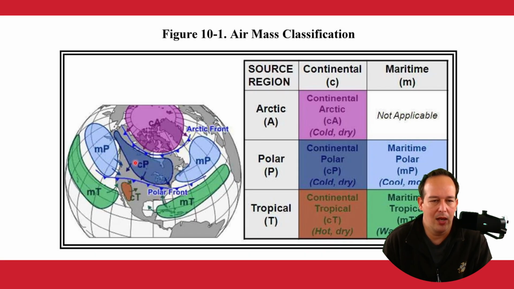But when an air mass starts over the sea, it'll be moist, so maritime, and it depends on the temperature: polar because it's cold, or maritime tropical because it's warm. As an air mass moves over land, it could become continental tropical, so it would be hot and dry.